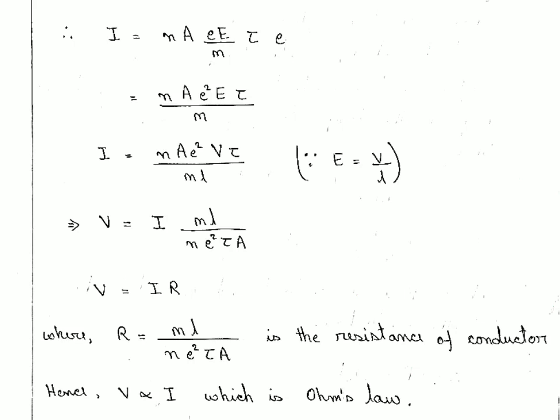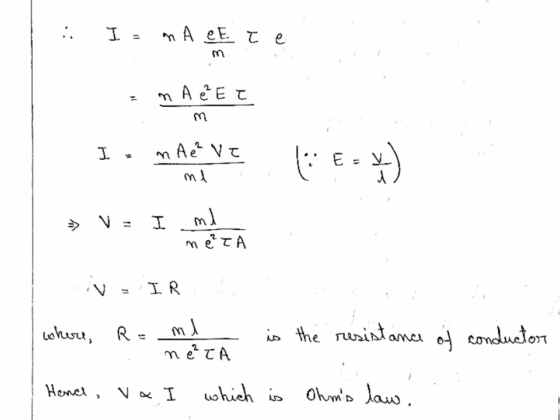Hence, your V will be equal to IR. Now R is the resistance and it is equal to mL divided by ne squared tau A. And this is known as the resistance of the conductor. You should remember this formula since we will study the temperature dependence of R by using this formula.